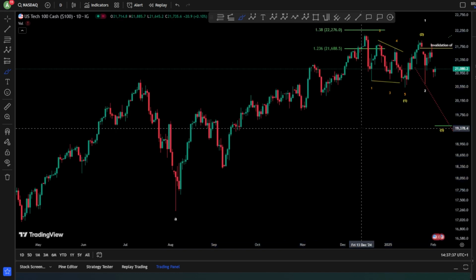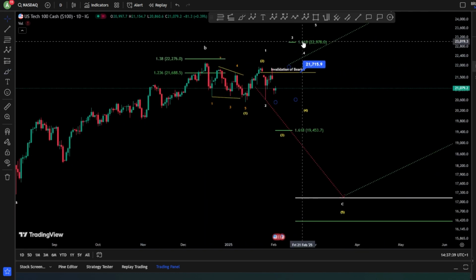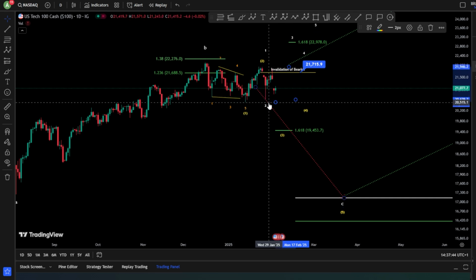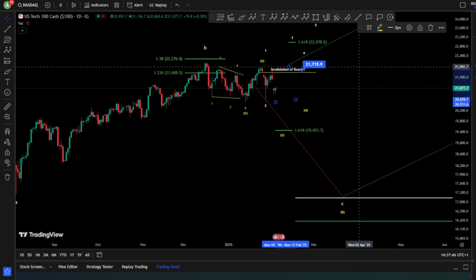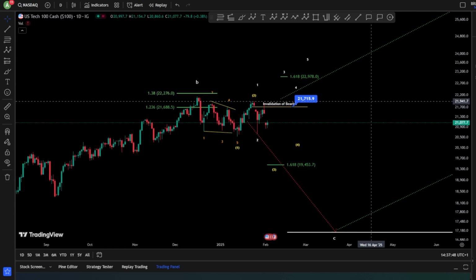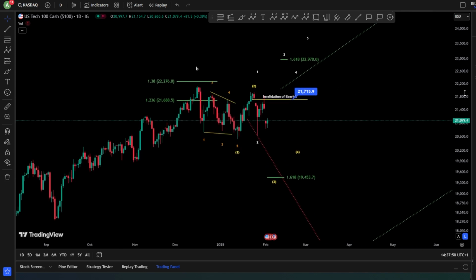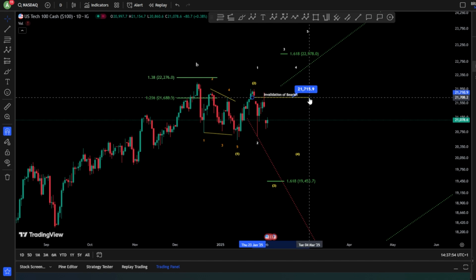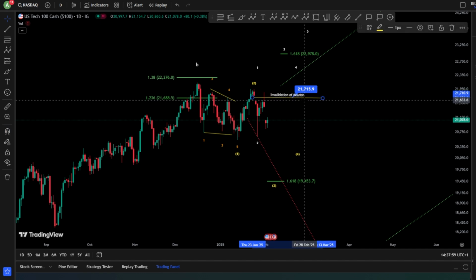Your target for this wave 5 is around the 1.618 taken from the 0 to the 1, 2, and then giving us a wave 3 at 22,978. Let's say 23K.